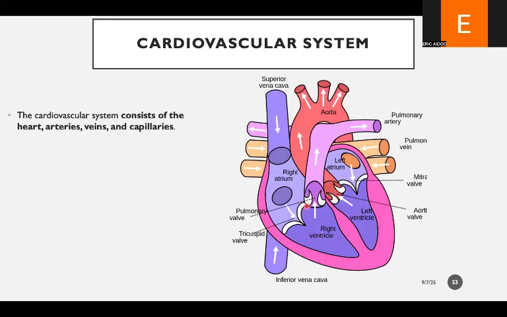A similar thing happens in the right chamber. Blood that has been used already and almost all the oxygen has been depleted will enter the superior vena cava, and the superior vena cava is bringing blood from the upper part of the body. Then also inferior vena cava will be bringing blood from the lower portion of the body.